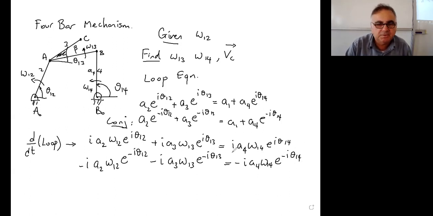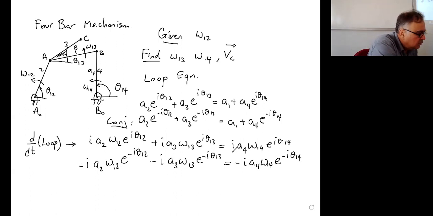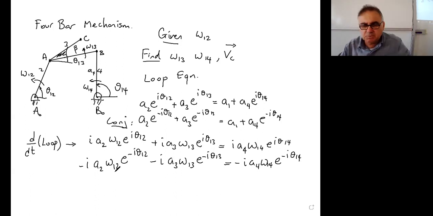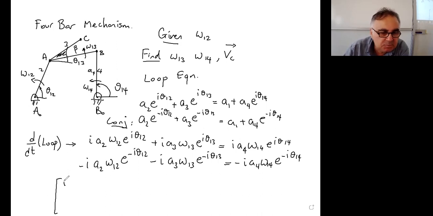So we have two equations which can be put into matrix form. The important point is that this is a linear equation in terms of the unknowns. I'm just going to collect the unknown terms together, omega 1, 3 and omega 1, 4.